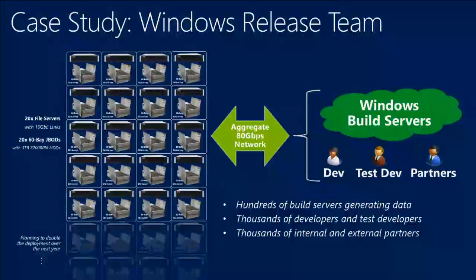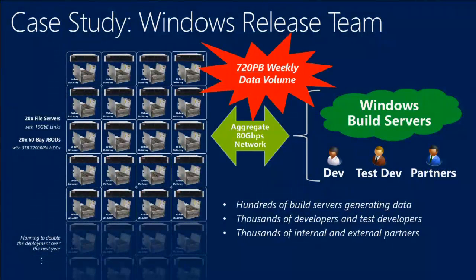Every single week, through this switching nexus to these servers, to this storage, we see 720 petabytes of weekly data volume flowing to and from Spaces.